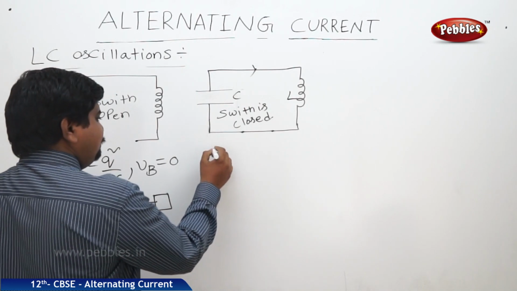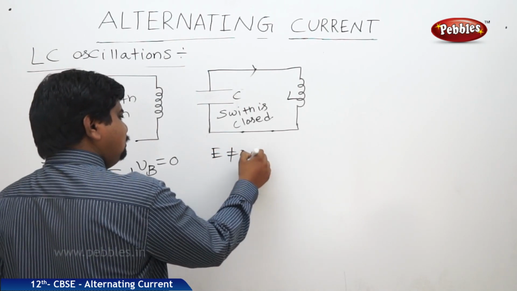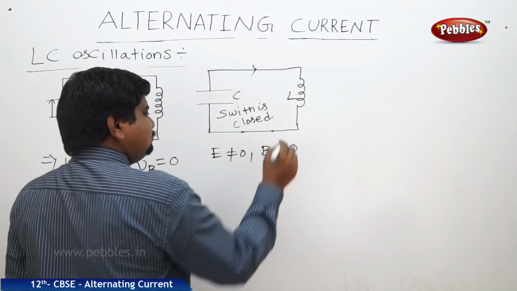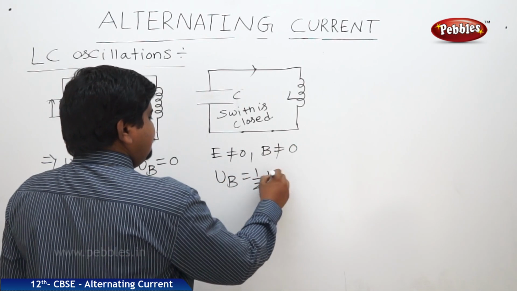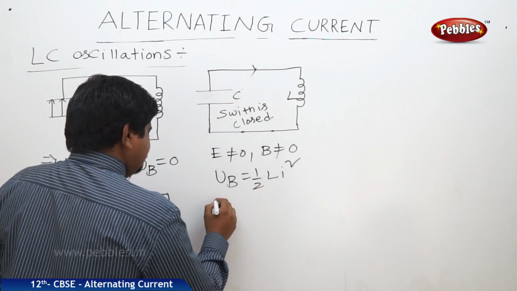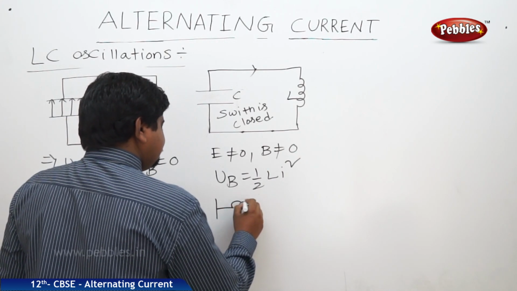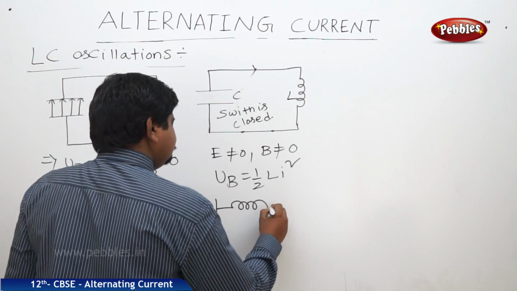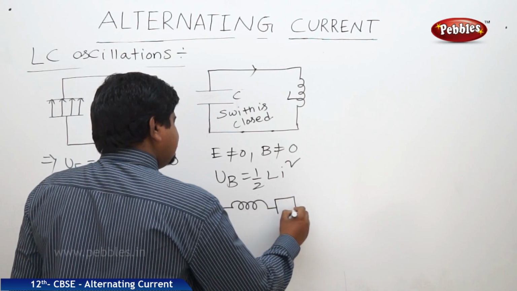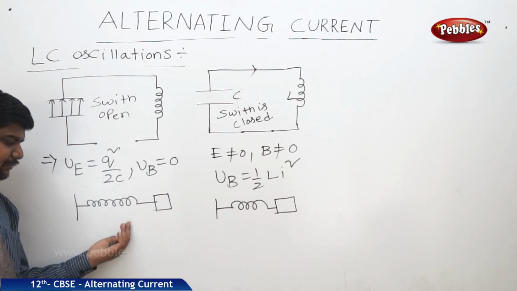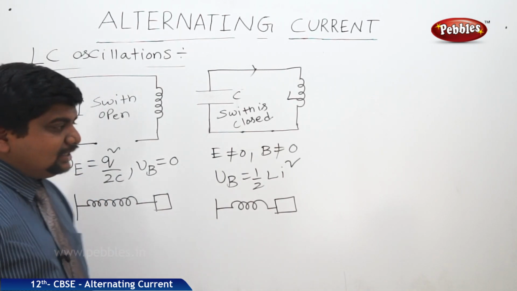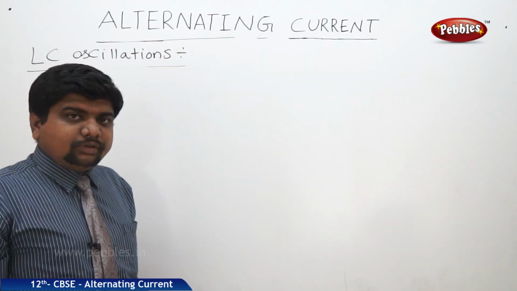Here also E is not equal to 0 and B is not equal to 0. In this case, it will behave like a spring just compressed. First it is elongated, next compressing. Finally, we will get a resonance condition.